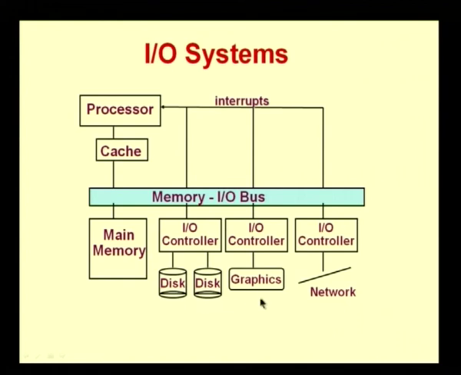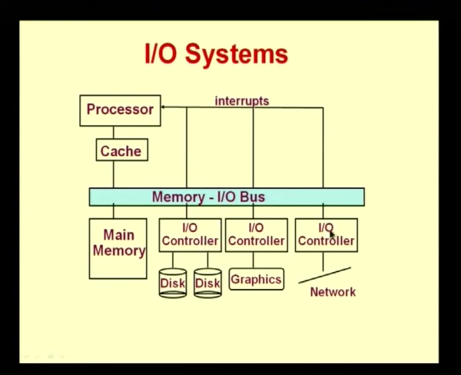Now, if you look at the different devices, we have shown a few devices here. It could be a hard disk, it could be some graphics or display device, it could be a network that is used, and you normally have some kind of a controller for each of these devices which connects to the processor through this I/O bus.